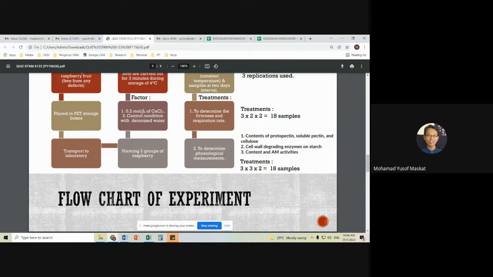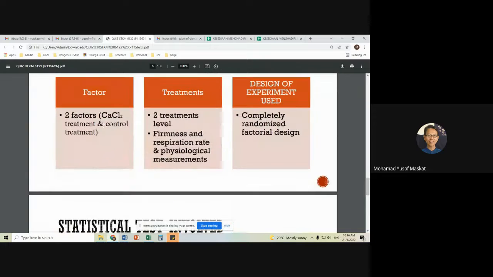That is 0.2 mole per liter of calcium chloride. For the second one, control, how many levels of control? Just one. Only one level. So meaning that these are not factors.